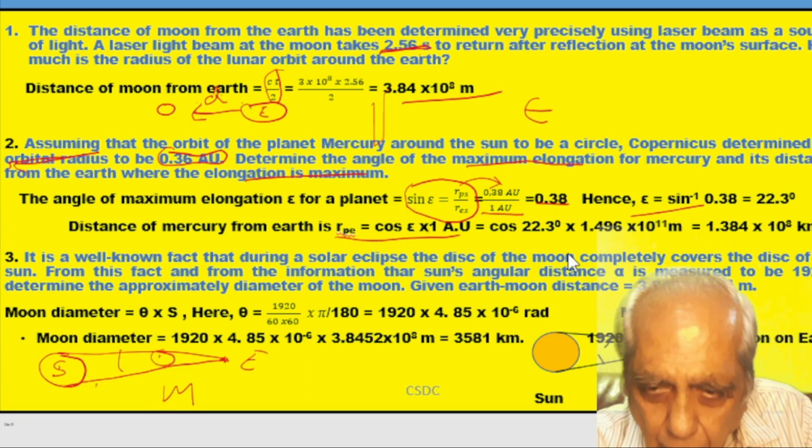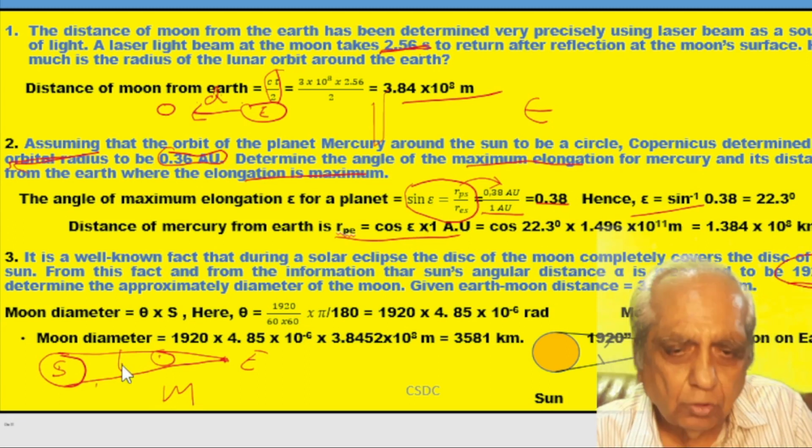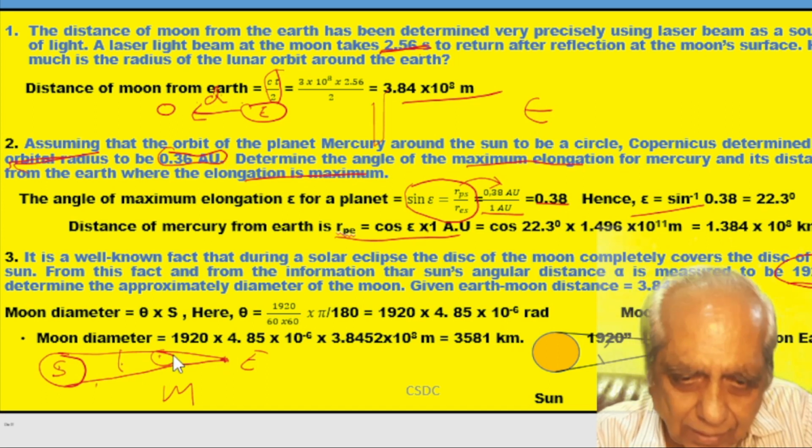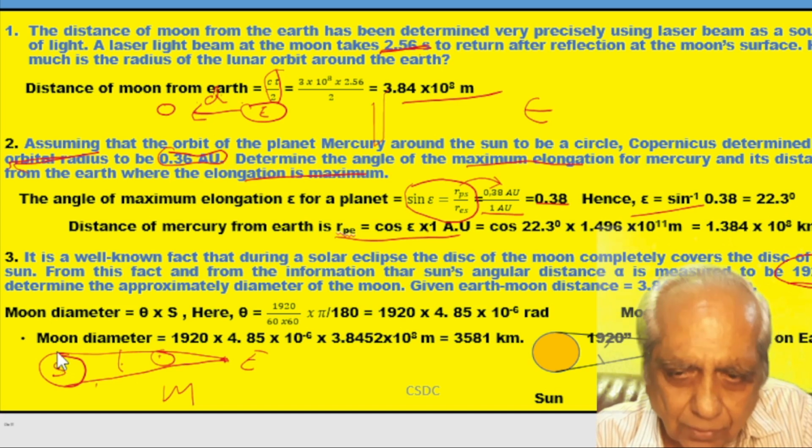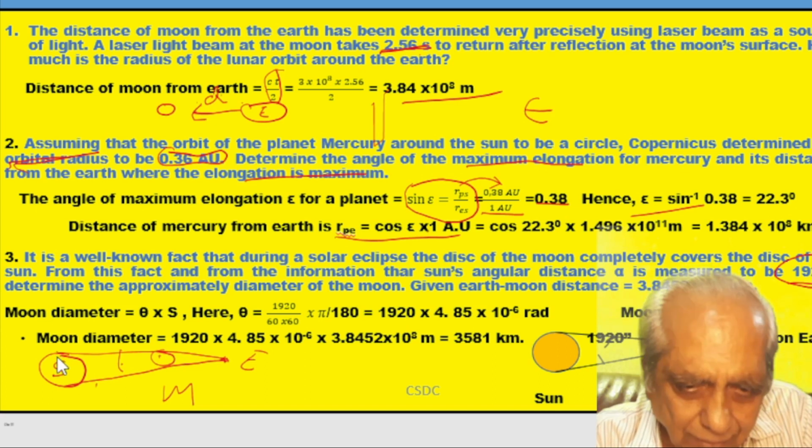Now see, when I see the full eclipse, the light goes tangent from the moon and comes to the end of the sun, at the diameter of the sun. Similarly here, this is the moon, the light is able to come and it is forming a shadow, which we call a dark patch.